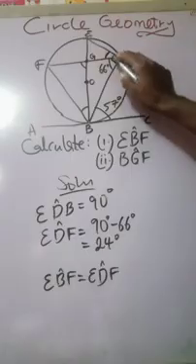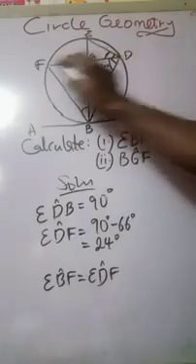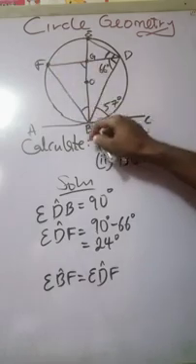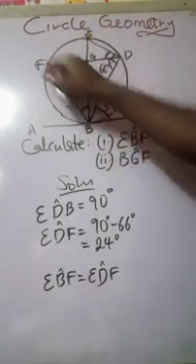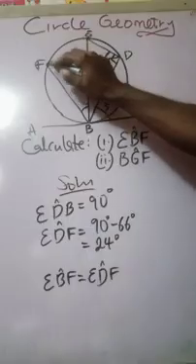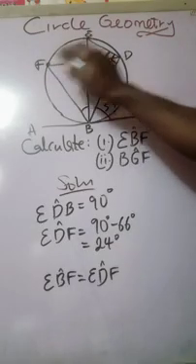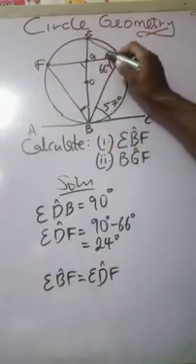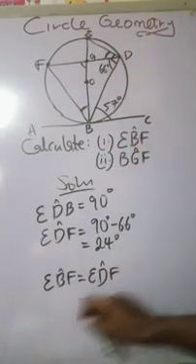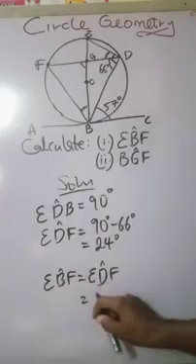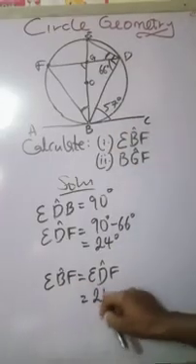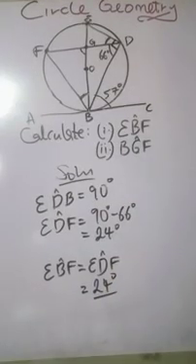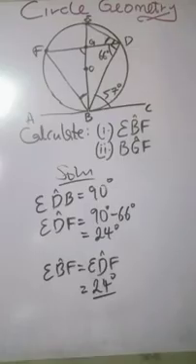The lines that formed angle EDF halted at E and F. As well, the lines that formed angle EBF halted at E and F. And so this angle and this angle are the same. That means angle EBF is equal to 24 degrees. You got it right. Angle EBF is equal to 24 degrees.